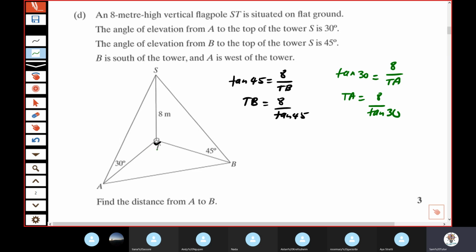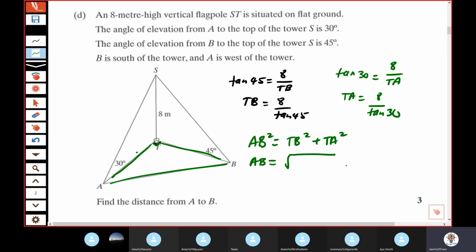But because we know now that this is a right angle triangle, you won't need to do cosine rule, you're just going to do Pythagoras. So AB squared equals TB squared plus TA squared. Therefore, AB equals the square root of that.